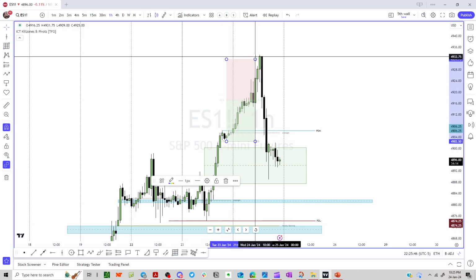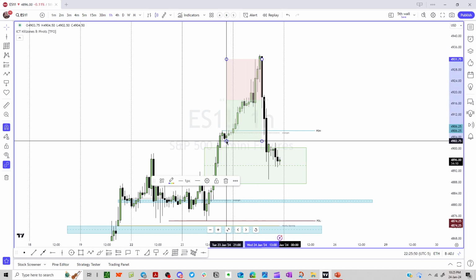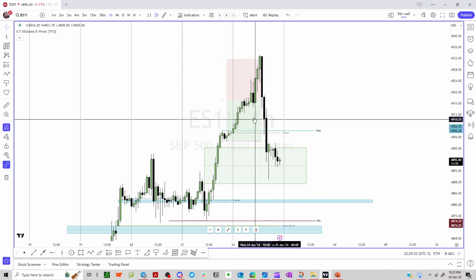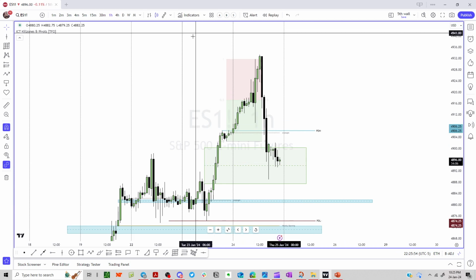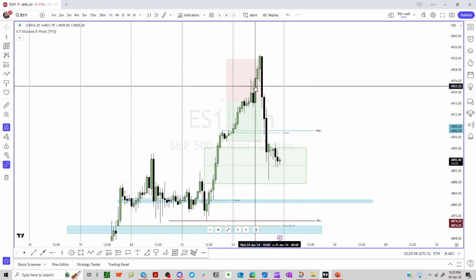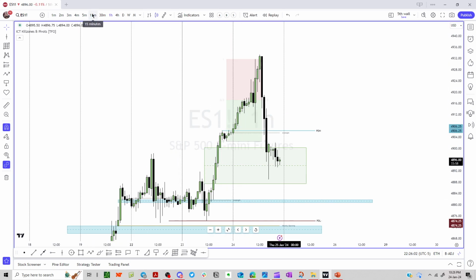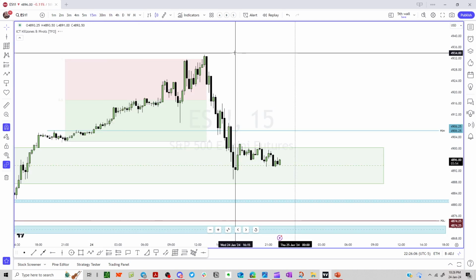That's a retracement back inside that range here. Something we can take advantage of on a lower time frame. But that would be the range.